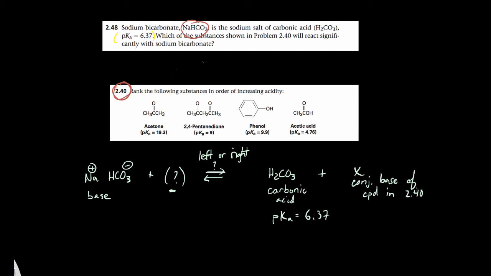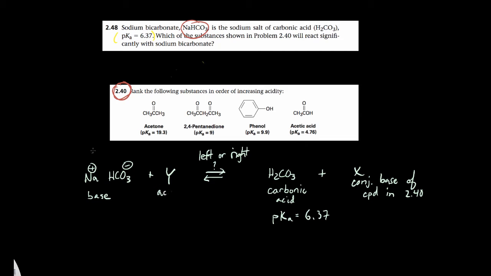Okay, so we really don't need to know the structure. All we need to know is the pKa, right? Because some compound, let's just call it compound Y here. Compound Y is the acid.